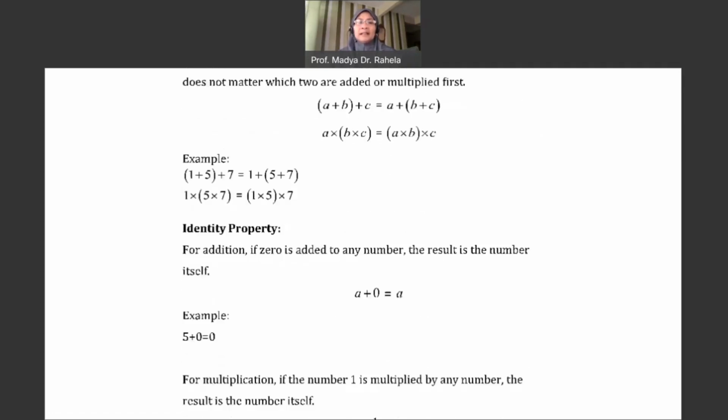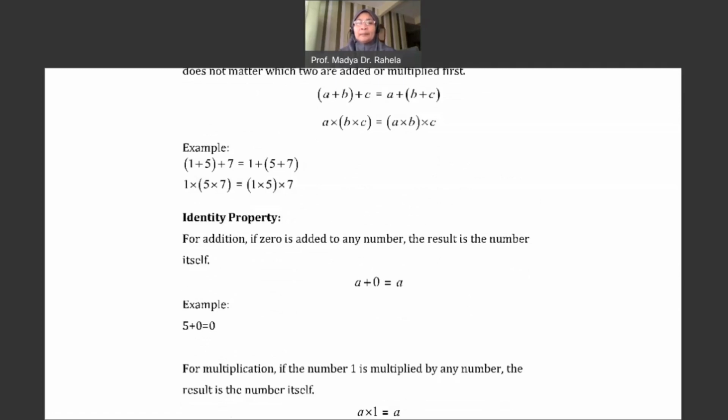Okay, next is identity. The identity property is, if 0 is added to any number, the result is the number itself. So this is called identity. It does not change the look of the number by adding the number 0. 0 means that we didn't perform any operation.